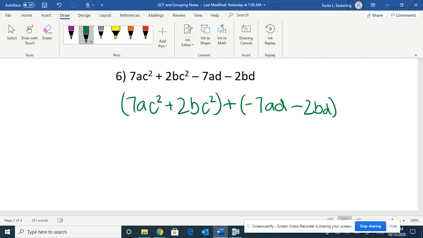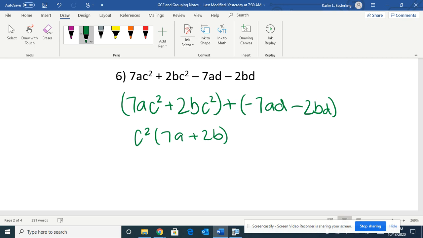Now we're going to look for our greatest common factor in our first set. For 7 and 2, the only common factor we can pull out is a 1, so we'll leave it as it is. The only common variable they share is c squared, so we can pull out a c squared and you're left with 7a plus 2b.